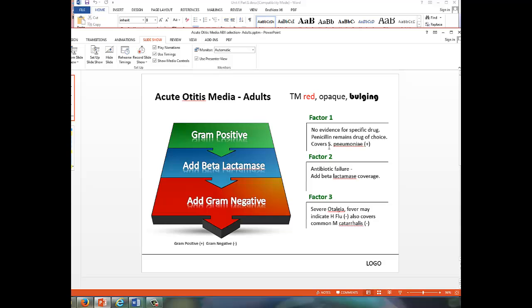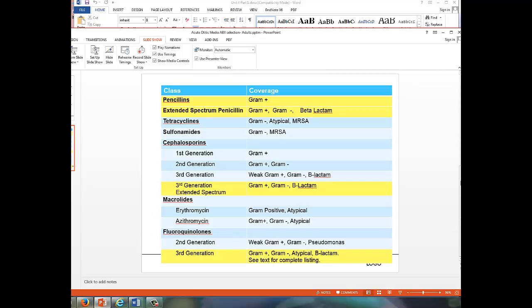It covers strep pneumo. And anything with staph and strep in front of it as a word is always a gram positive. So we know that penicillins cover gram positive, and that was your amoxicillin, your ampicillin. Then your extended spectrum adds on the gram negative and the beta-lactam coverage, and that's your Augmentin.